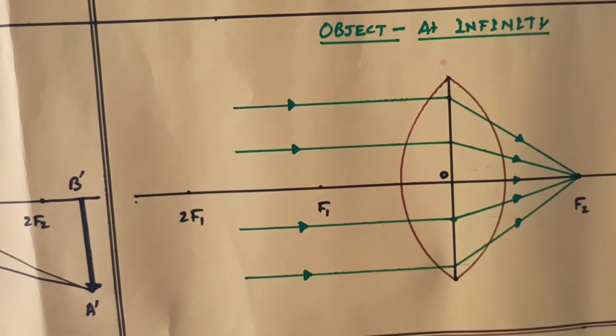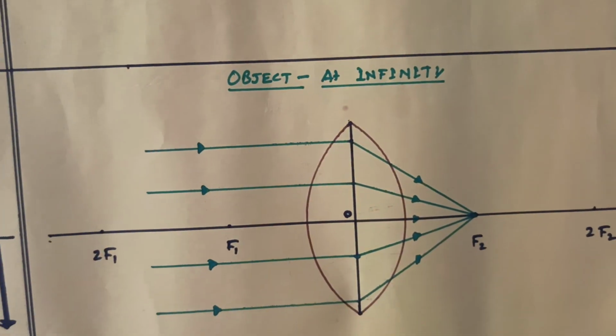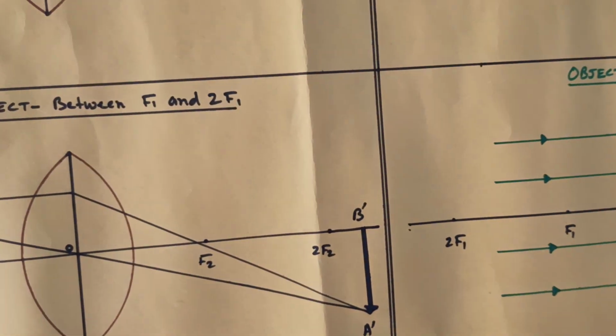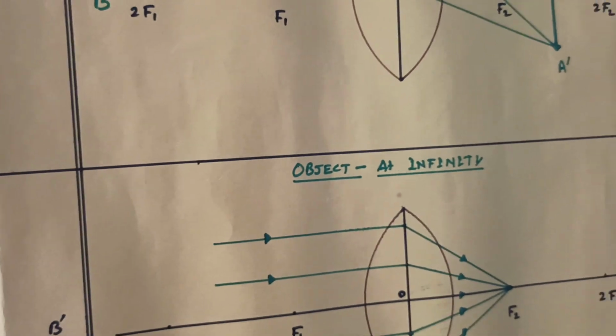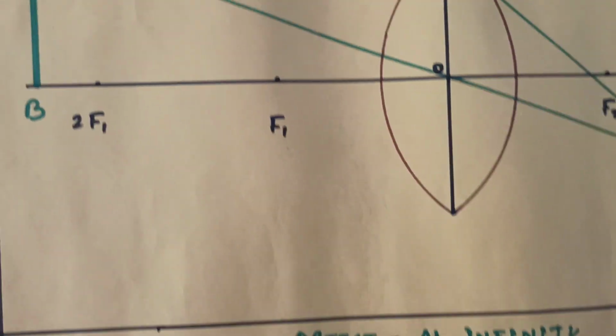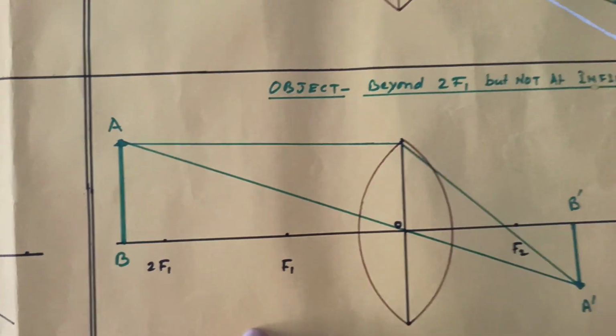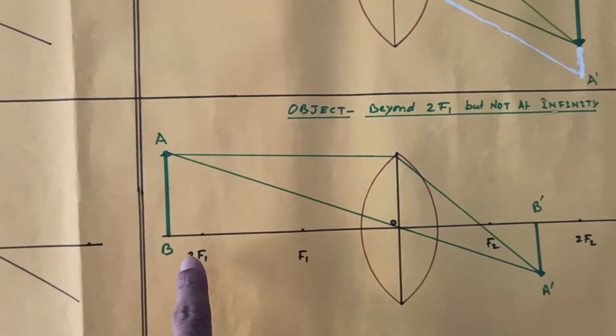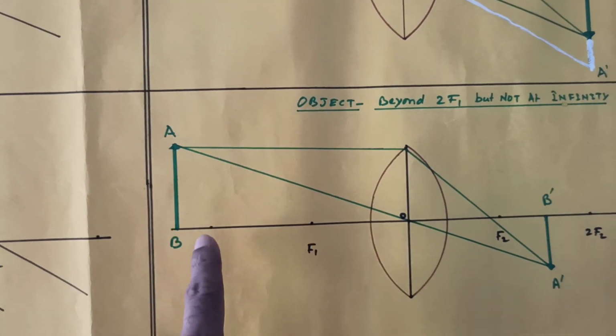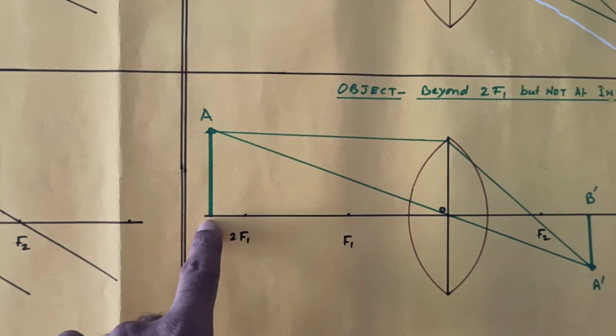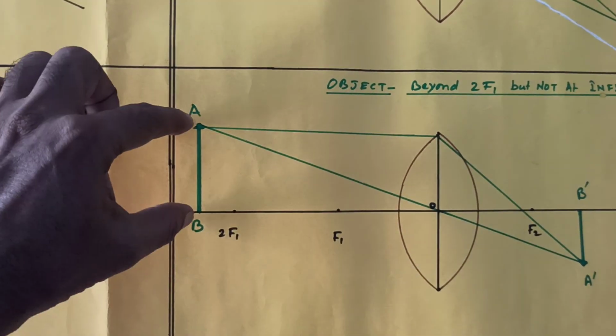Now we'll go to the second point, which says that when the object is placed beyond 2F1 but not at infinity. You can see in this figure, this is F1 and this is 2F1. So the object is placed beyond 2F1, this is the object.